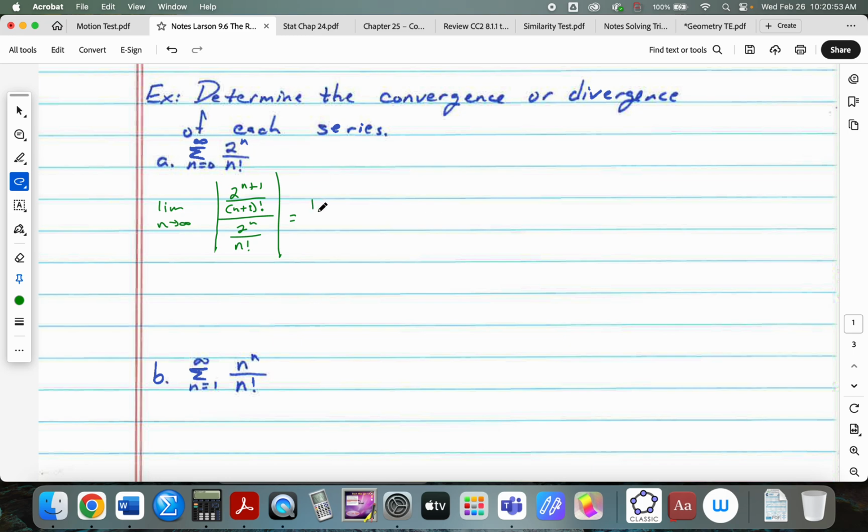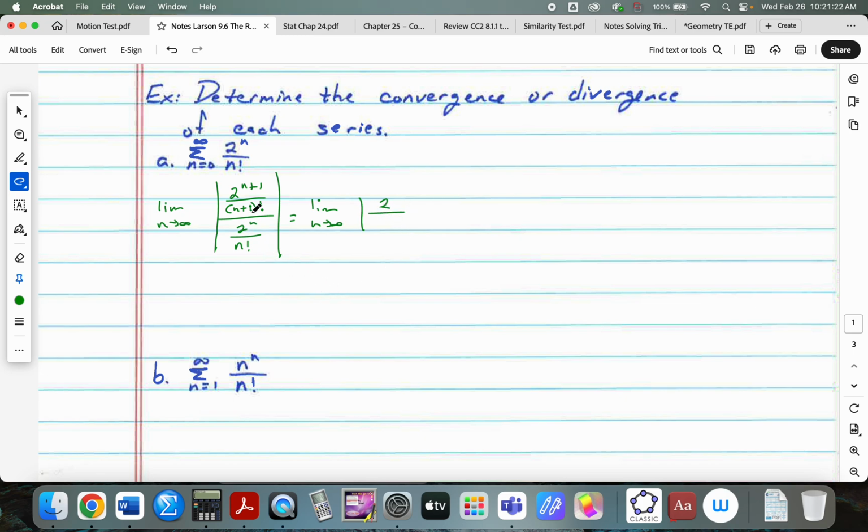which is going to be equal to the limit as n goes to infinity of the absolute value. 2 to the n plus 1 divided by 2 to the nth is going to be what? 2 to the 18th divided by 2 to the 17th is what? 2. And it's always going to be 2.